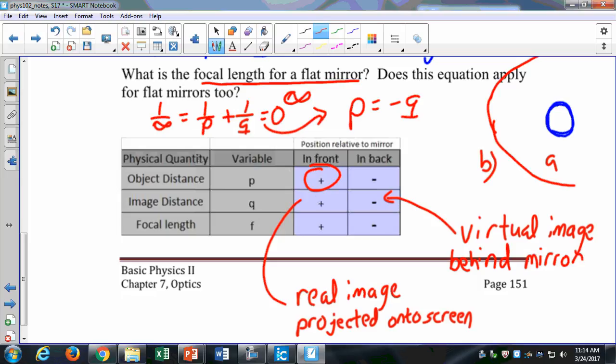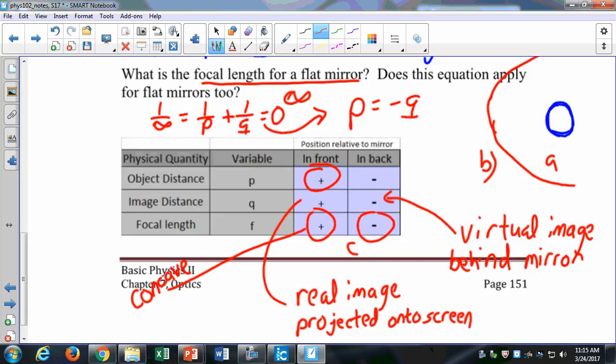Now for focal lengths, if my focal length is in front of the mirror, then it's positive. Is that going to be a convex or concave mirror with my focal length being in front of the mirror? Think about it. Think about the shape. Don't answer just yet. Concave. Concave mirrors have a positive focal length.